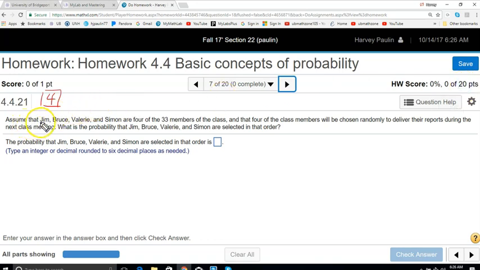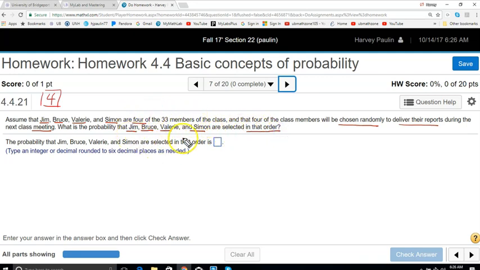So assuming that Jim, Bruce, Valerie, and Simon are 4 members of a class, and that 4 of the class members will be chosen randomly to deliver a report during the next class meeting. What is the probability that Jim, Bruce, Valerie, and Simon are selected in that order?